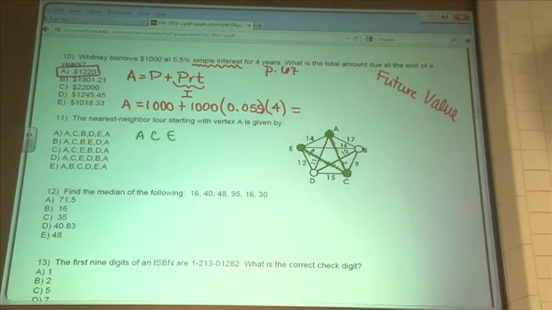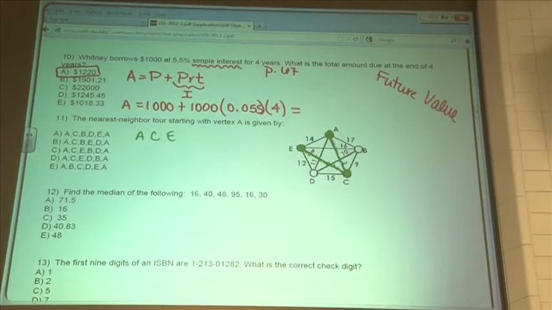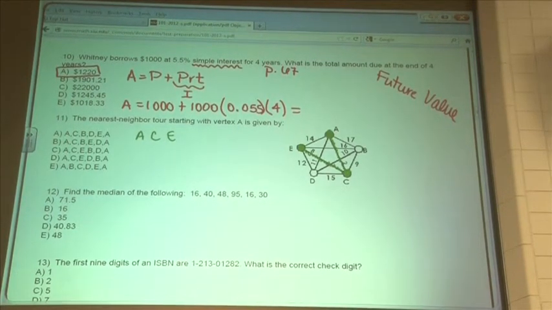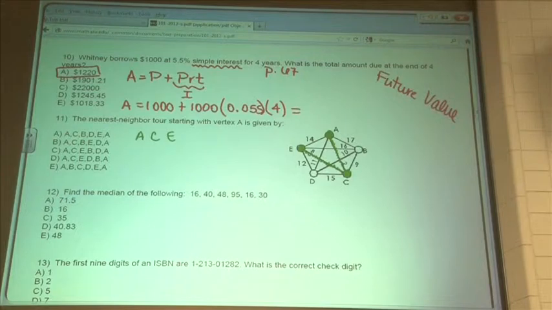Now, from E, well, we can't go back to A because we haven't covered all of our vertices. That leaves either going to vertex D with a length of 12, or we go all the way to vertex B with a length of 16. Go to D.